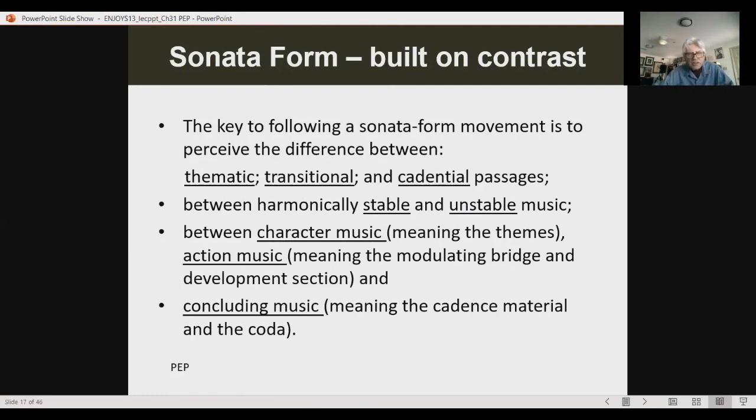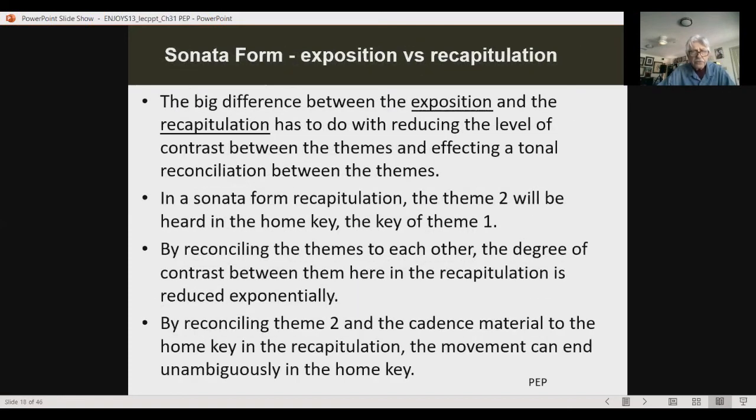And you can say, well, it's not thematic material, it's action, it's going somewhere. And the development section also is this restless activity. And then the concluding music, the cadence material, right? So we're listening to those 3 types of things. Is it themes that are being presented? Is it transitional music? Or is it cadence material?